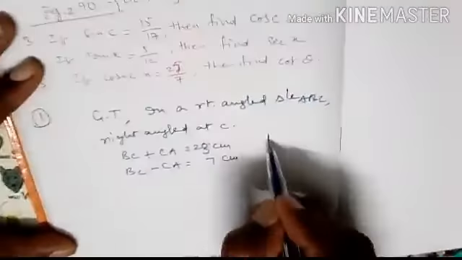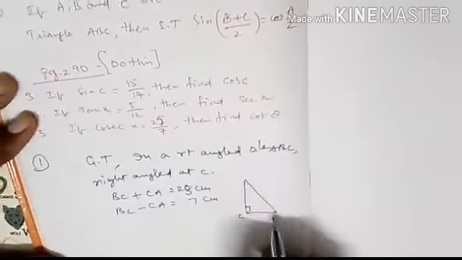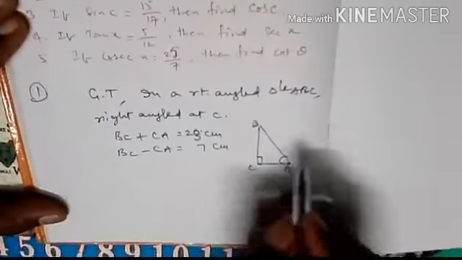We need to find out the values of BC, AC and AB. So this is equation 1, this is equation 2.